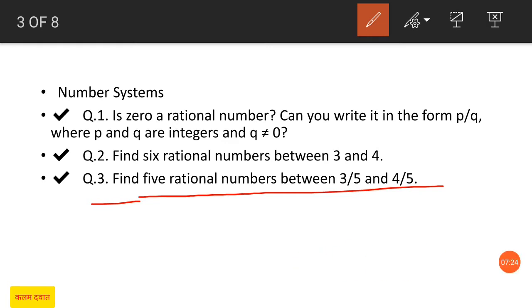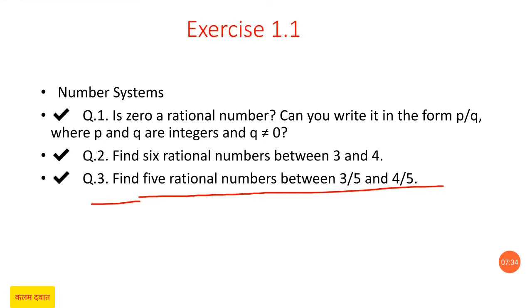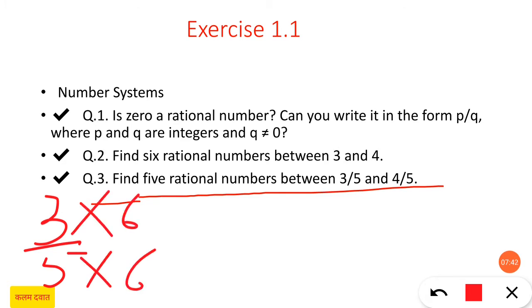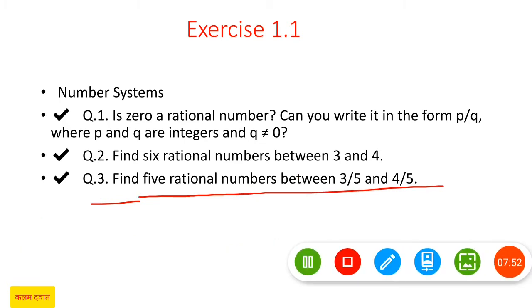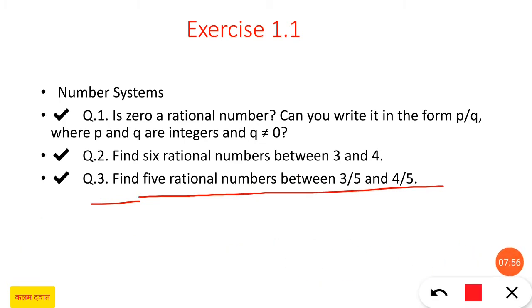So I am making the denominator the same. 3 upon 5 can be written as 6 3s are 18 and 6 5s are 30, so 18 upon 30.